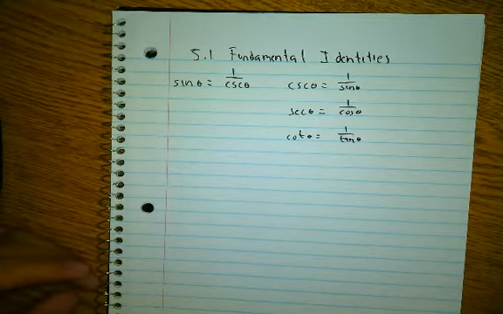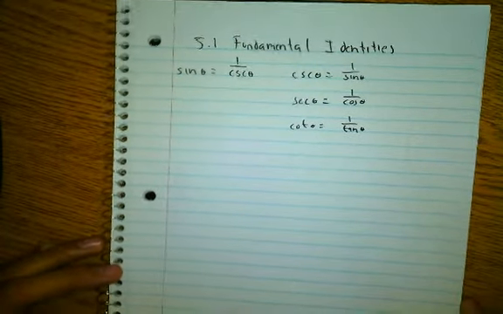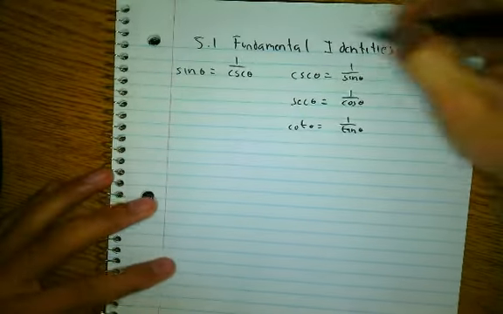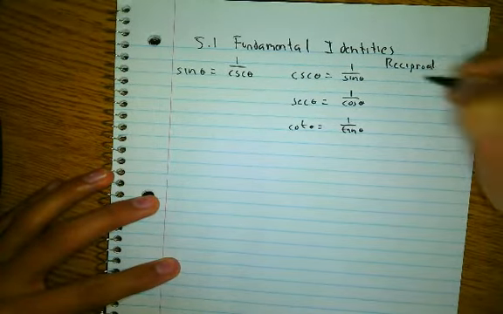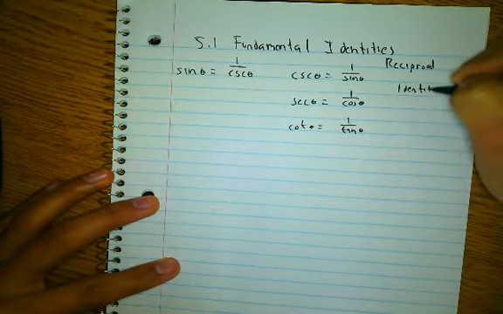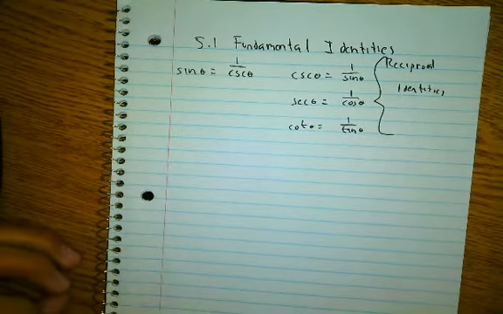You already know those. Agreed? Nothing new there. We're good? Hopefully. Those are known as the reciprocal identities. And it makes sense because you know what a reciprocal is.